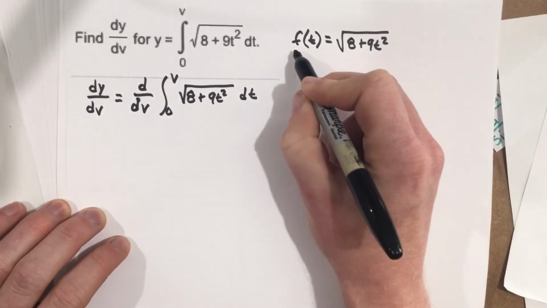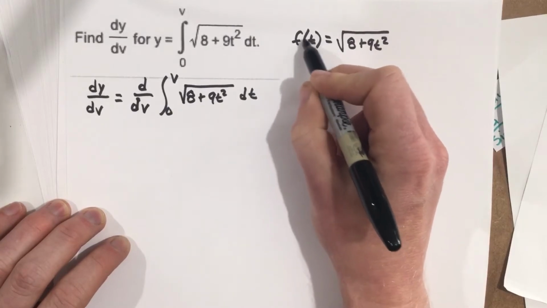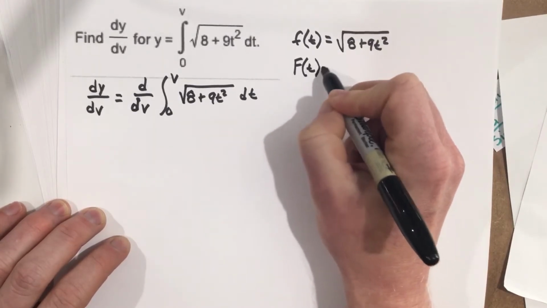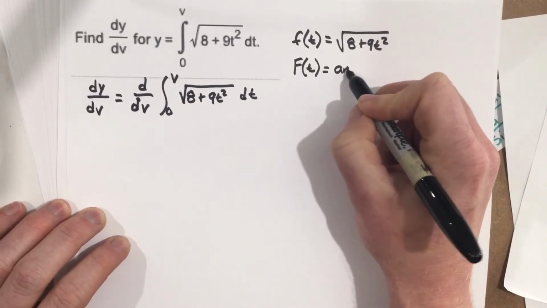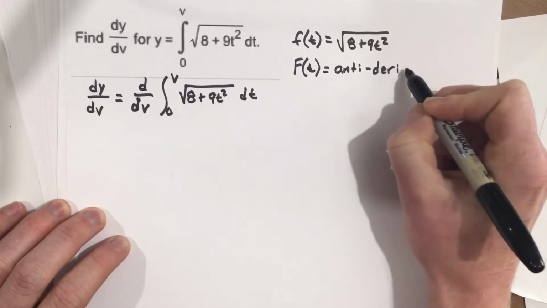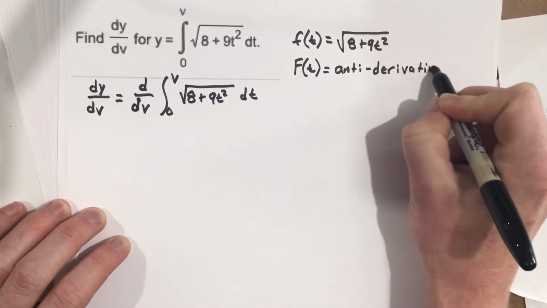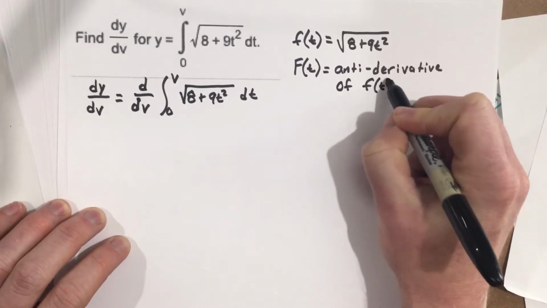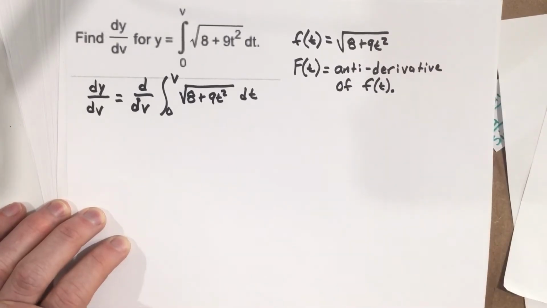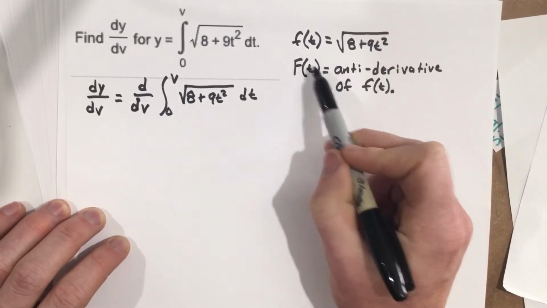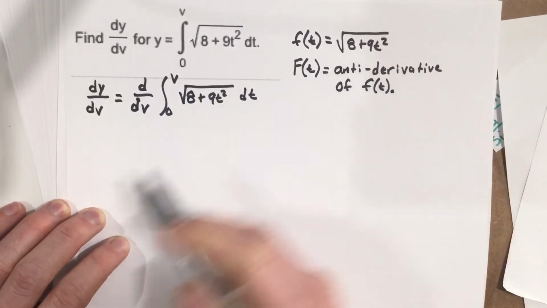And then I'm going to define that when I take the integral of f of t, that's going to be capital F of t, and we're going to call that the antiderivative of little f of t. So I think that's pretty straightforward: little f of t is the inside function and capital F of t is the antiderivative of f of t.